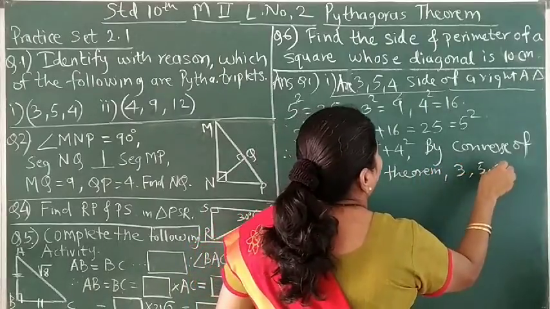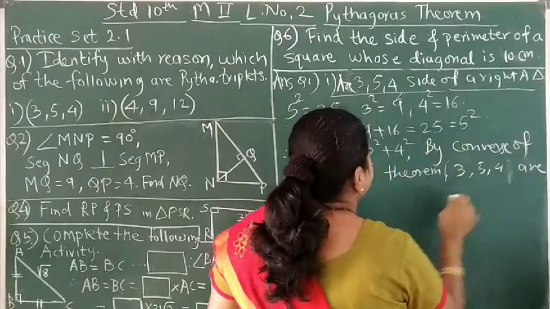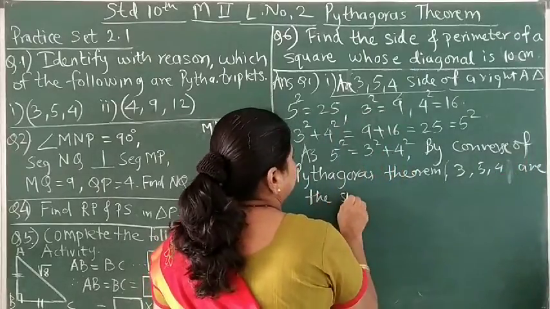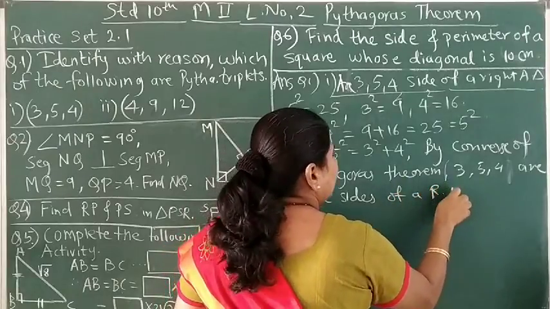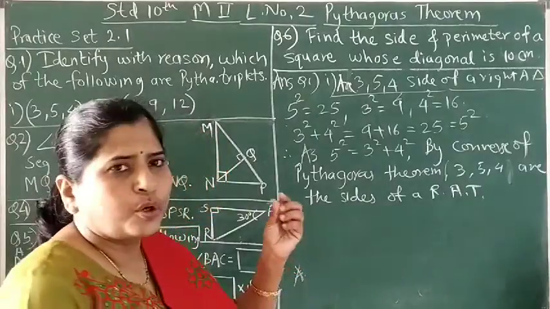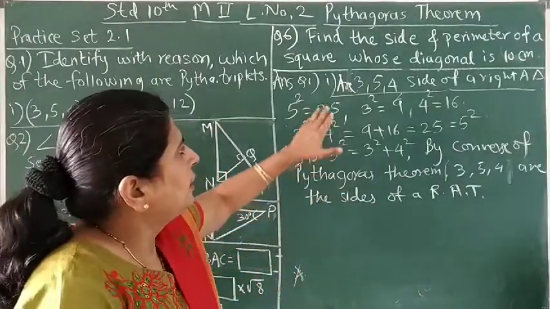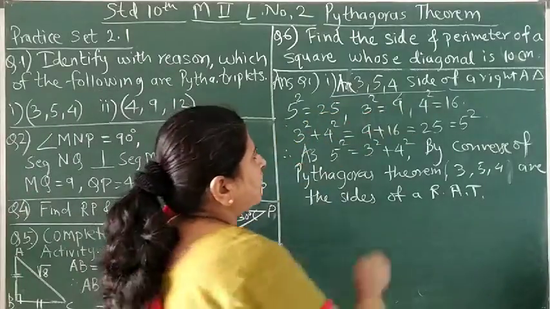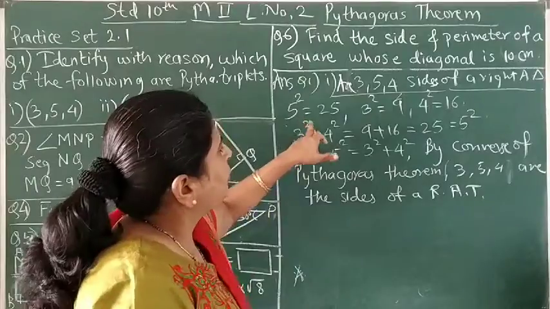3, 5, 4 are the sides of a right angle triangle. This means if the question pattern or sentence format is changed, and the question asks if these are the sides of a right angle triangle, then you have to use the same thing.